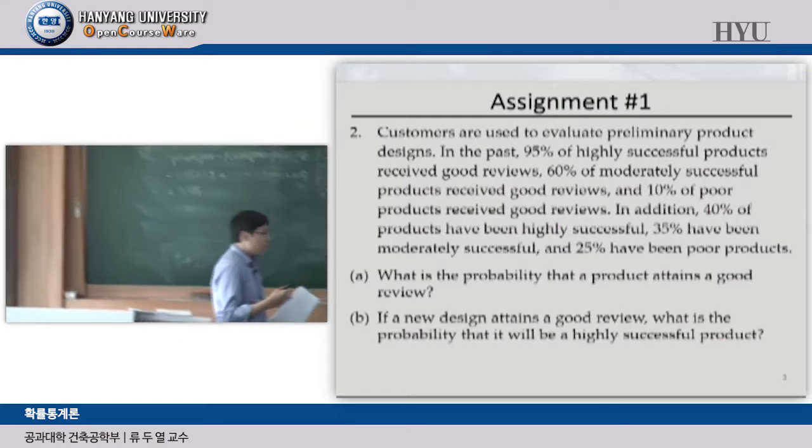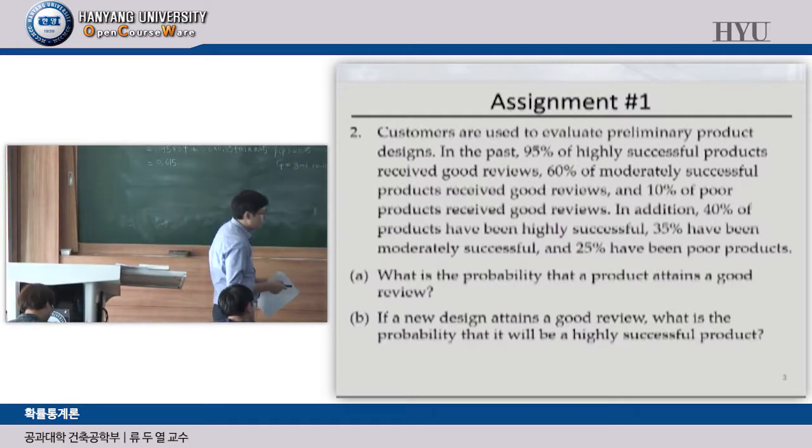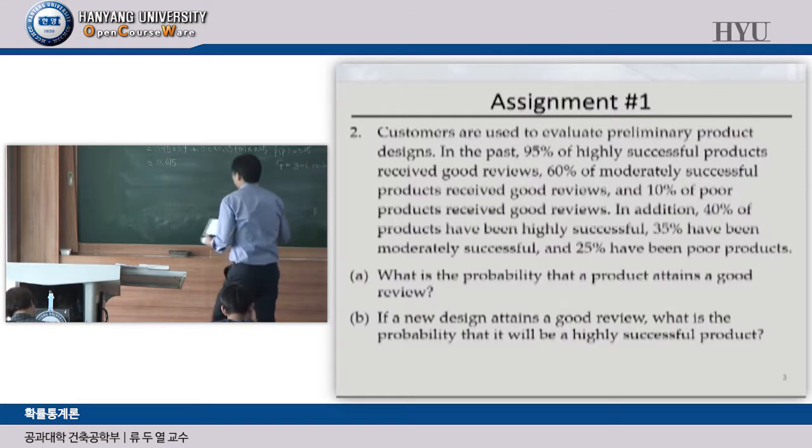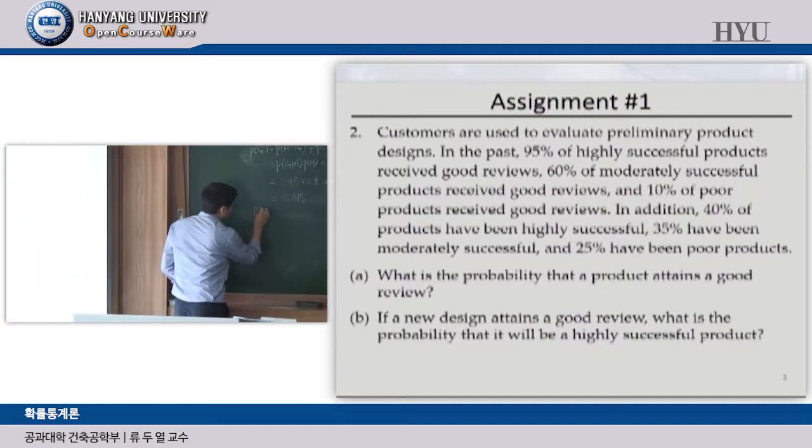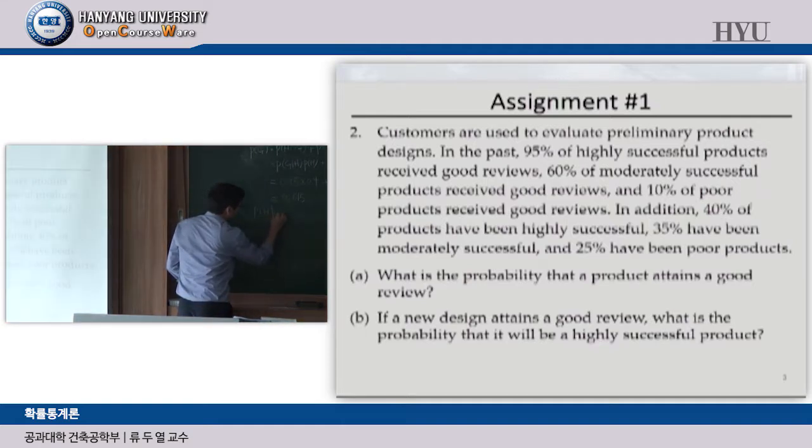And if a new design attains a good review, what is the probability that it will be a highly successful product? This is the conditional probability, the conditional probability of H given G, right?